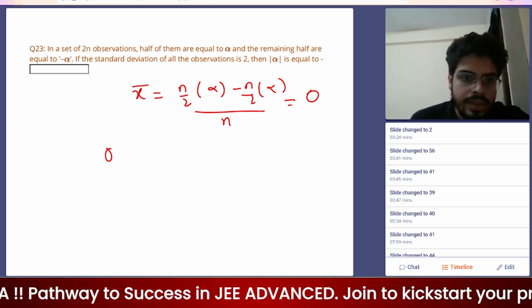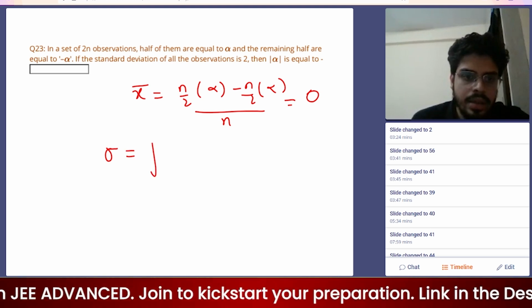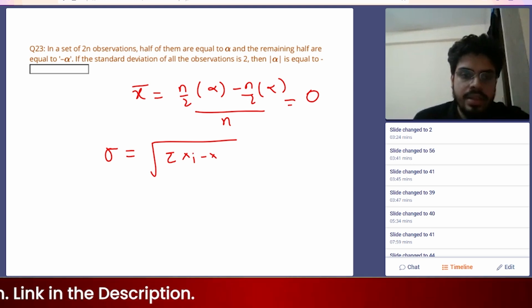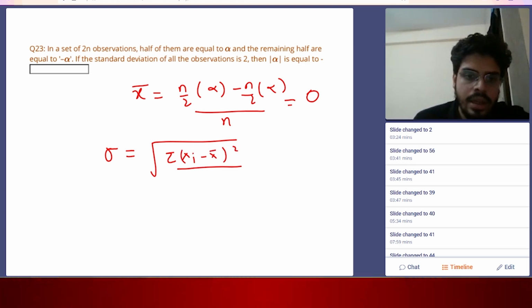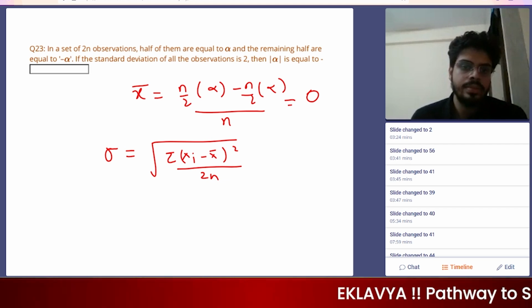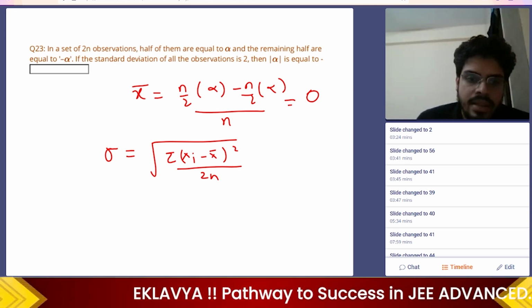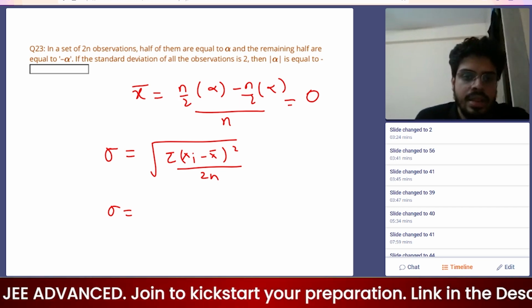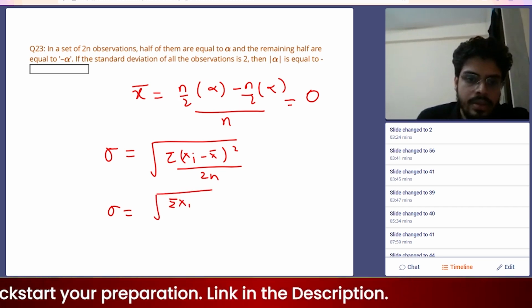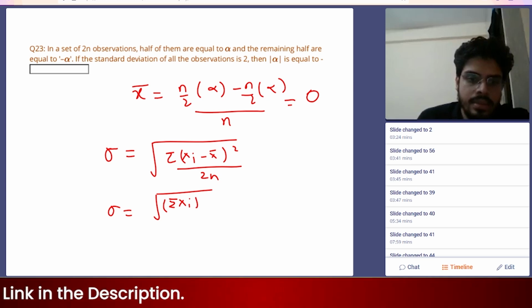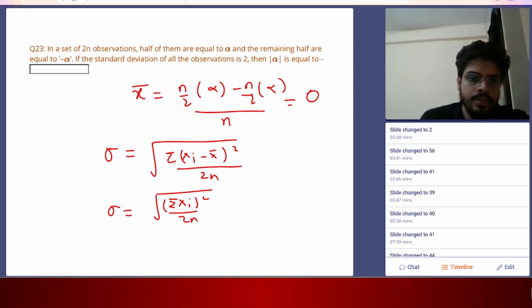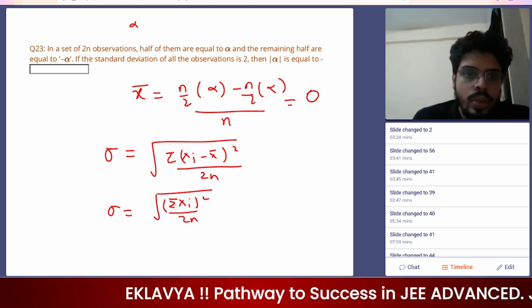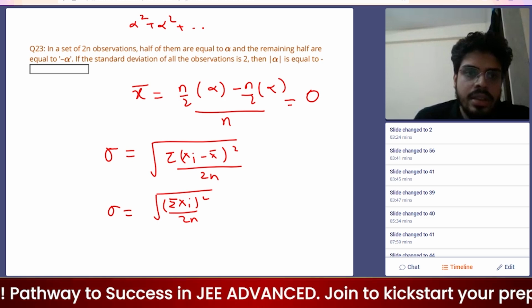And what is the formula of standard deviation? Sigma is equal to under root summation xi minus x bar whole square upon 2n, right? Here x bar is 0 because the mean is 0. So we are left with summation xi square upon 2n. Summation xi square means alpha square, n times plus alpha square, n times.